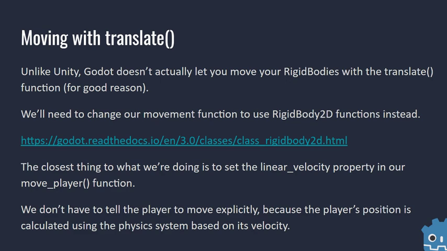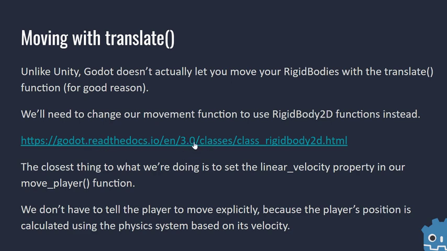All right, so now we are going to add some movement to our character again, because we cannot use the translate function to move a rigid body, which is good because you never want to do that. We're going to change our functions so that they work with the rigid body 2D class, and we have a link here that is out of date.